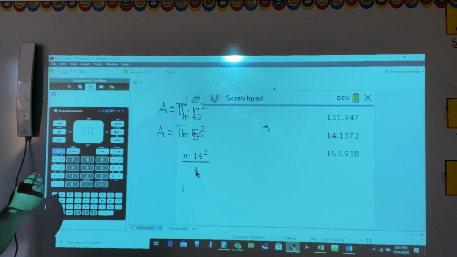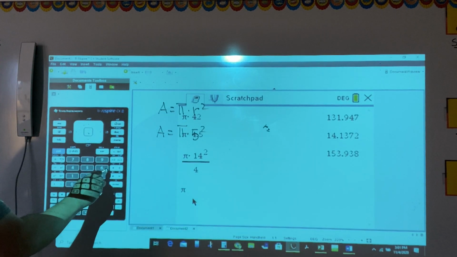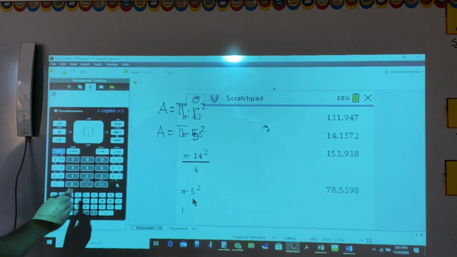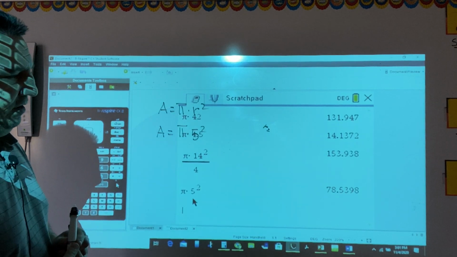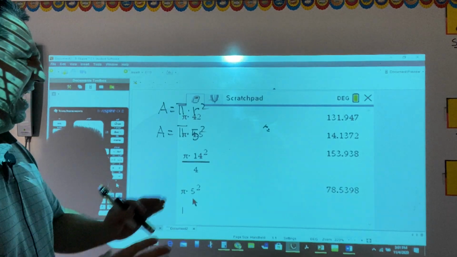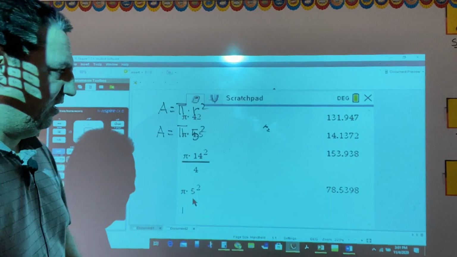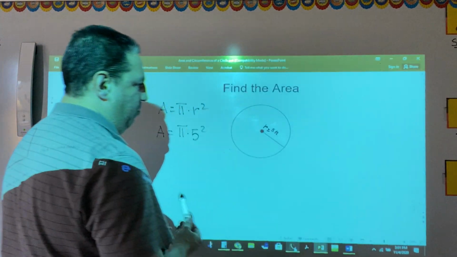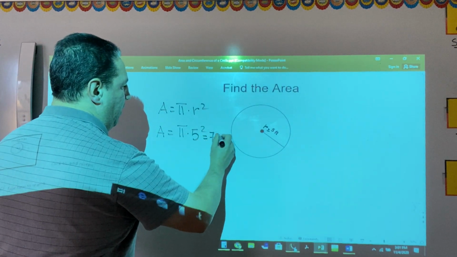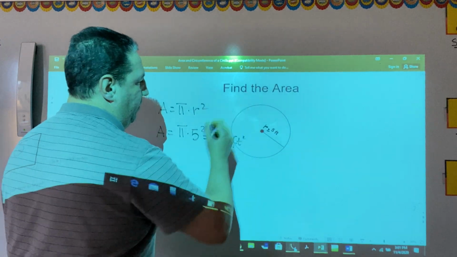We access pi, we multiply by 5 squared, and you press enter, and you get this value, 78.5. Let's leave this value as it is. So 78.5 square feet.